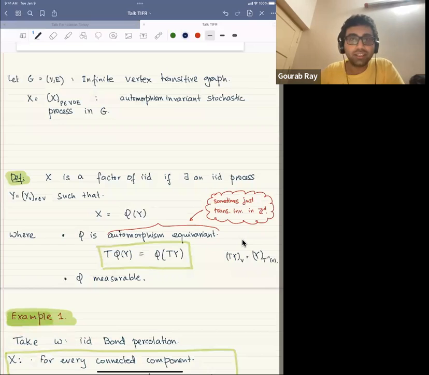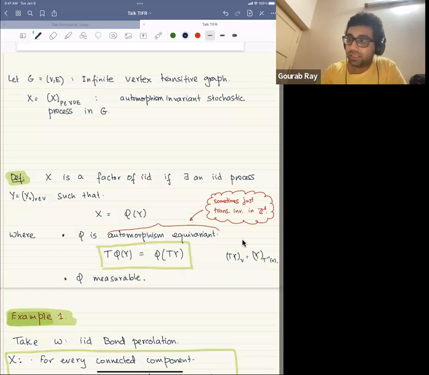So I'm going to start with an infinite vertex transitive graph. If you want a concrete example, think of two examples. One is Z^d and one is the d-regular tree.